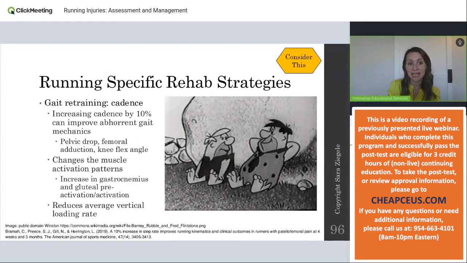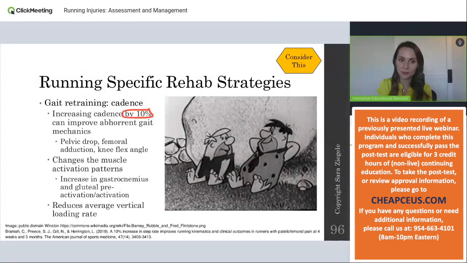Of all of them, cadence is probably the most famous gait retraining strategy of our current era, as you could say. The way we go about this is to actually look at a percent increase. They found that even a 5% increase can be helpful, so I usually use that range of 5 to 10% to try and get some of these changes in gait mechanics.